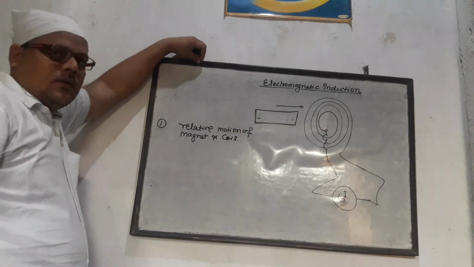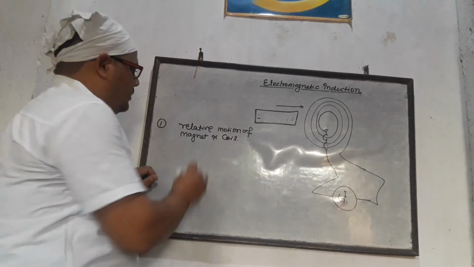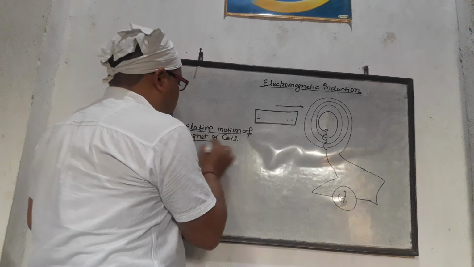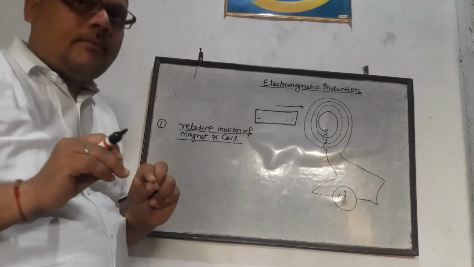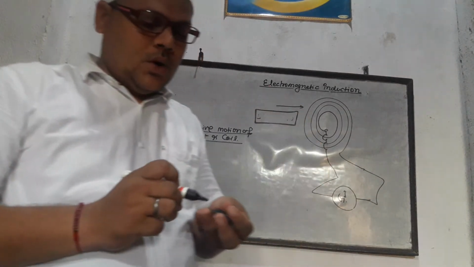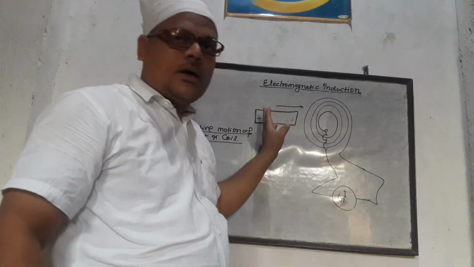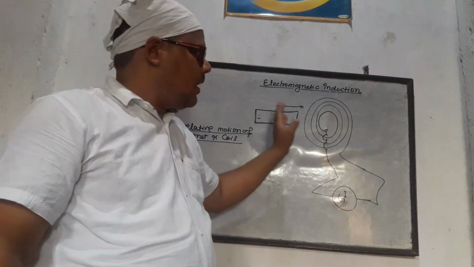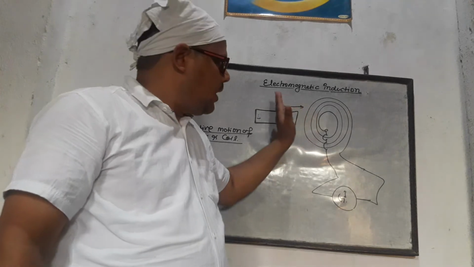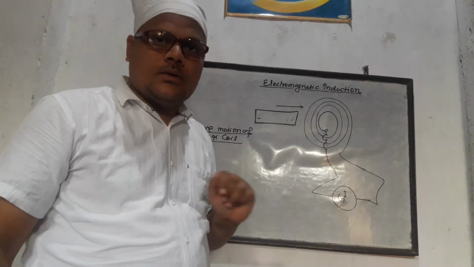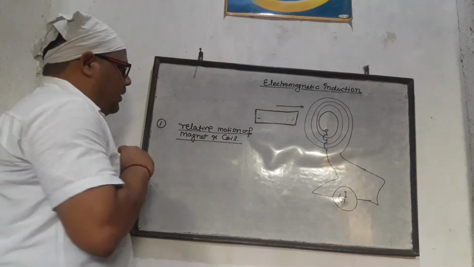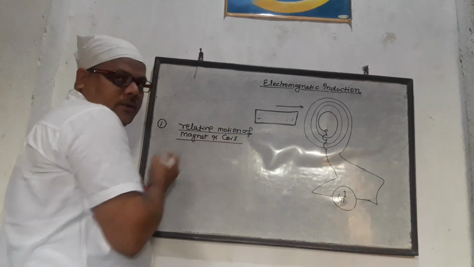Okay. The first step is the relative motion of magnet and coil. The coil also moves towards the magnet and also goes in the opposite direction from the magnet. Okay. So, relative motion of the magnet and coil.